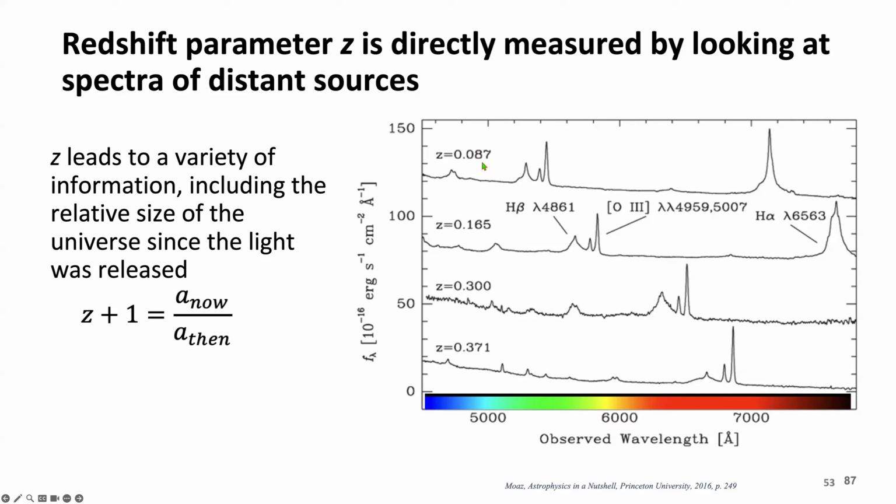So let me go over that again. If you take Z and add 1, you can tell how big the universe is now compared to when the light was emitted. In this case, the universe is 9% bigger than it was when this light was emitted by whatever galaxy produced that light. That's the relative size of the universe.